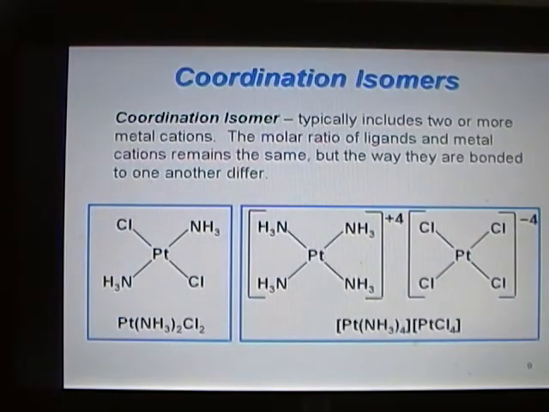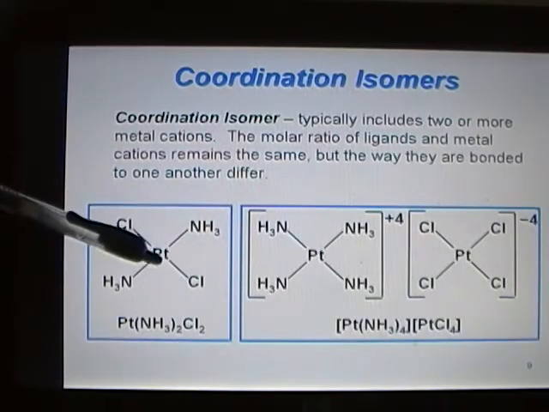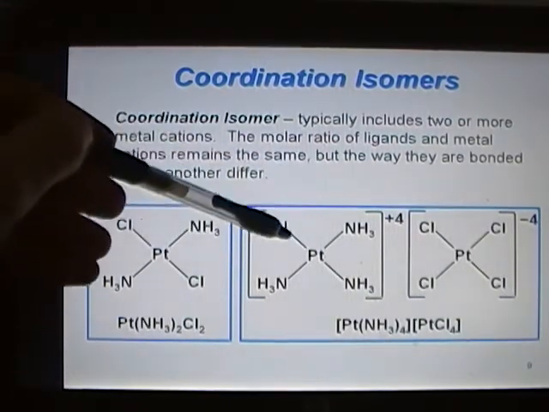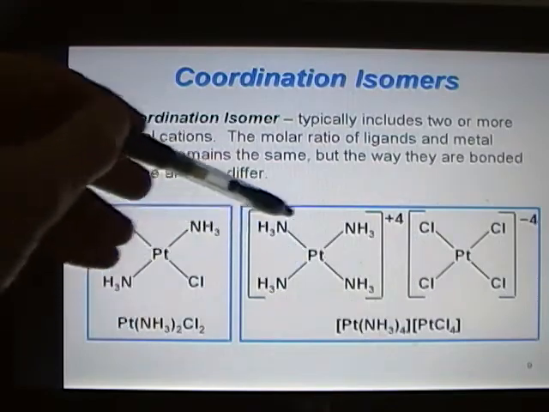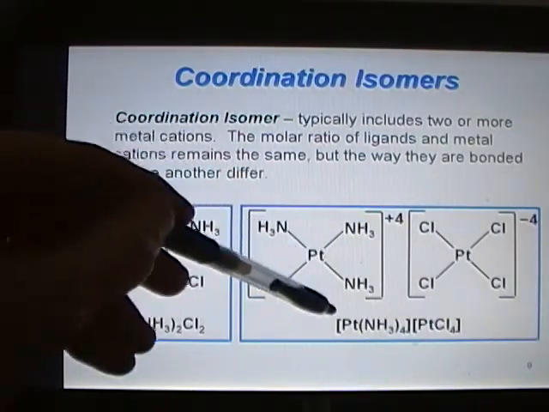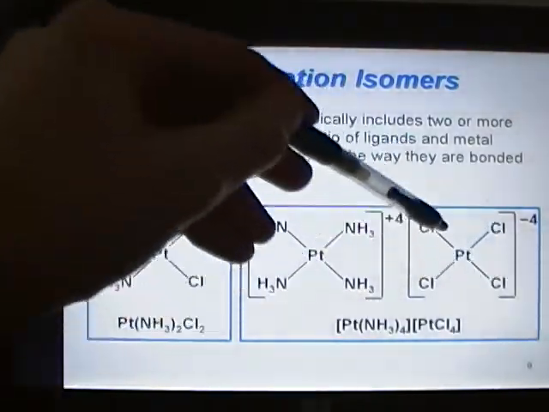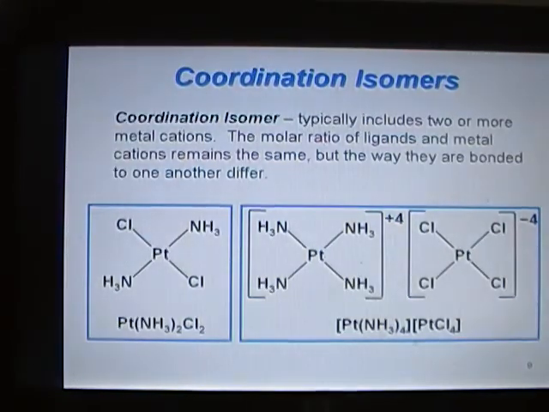But the difference is the way the ligands are bonded to the transition metal cations. In the first example, you see that the 2 Cls are bonded to Pt and the 2 NH3s are bonded to Pt. In the second example, you see 4 NH3s bonded to 1 Pt and 4 Cls bonded to the other Pt.